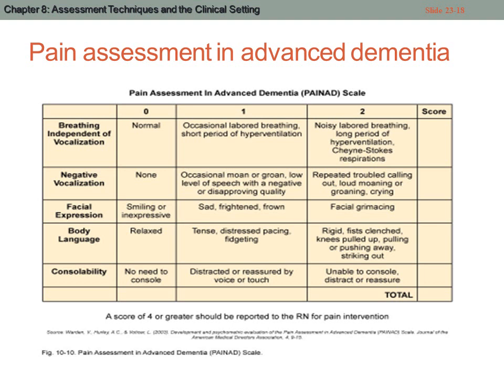So you may see the patient groaning or moaning or crying as well. Facial grimacing you may see, and your patient could be pulling away from you when you're trying to do something with the patient. So just be aware that you could see these actions from patients when they're having discomfort.